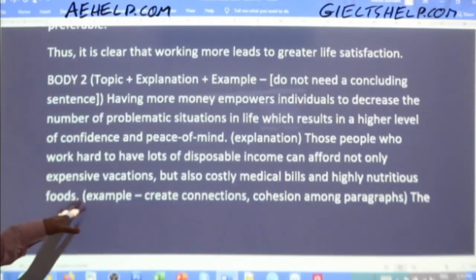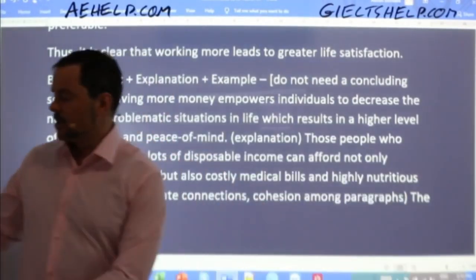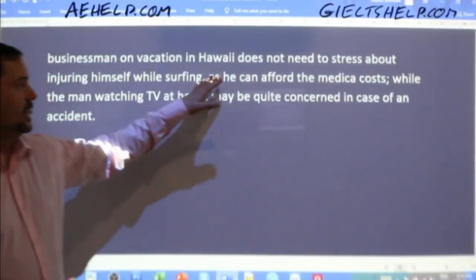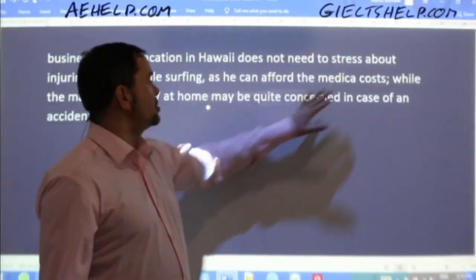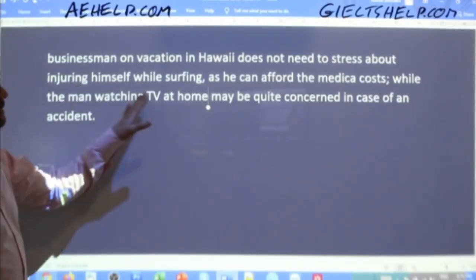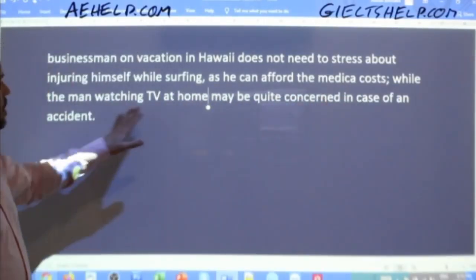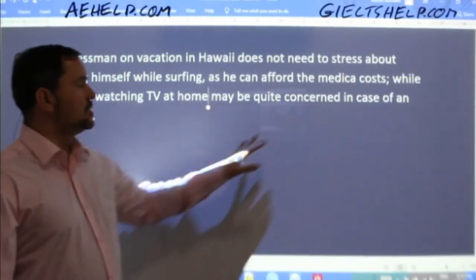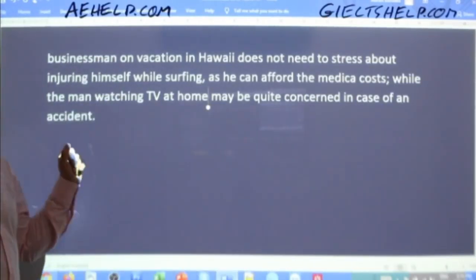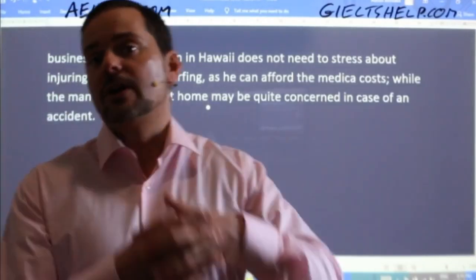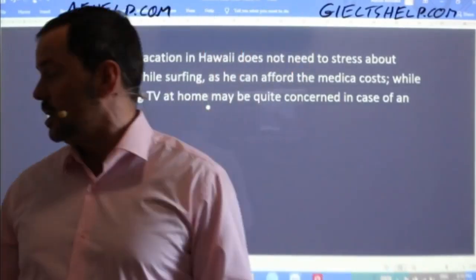They're unnecessary. Okay, you don't need to put those kinds of words. So the businessman on vacation in Hawaii with his family does not need to stress about injuring himself while surfing, as he can afford the medical costs, while the man watching TV at home may be quite concerned in case of an accident. Okay, so far so good. Lots of coherence, lots of cohesion.